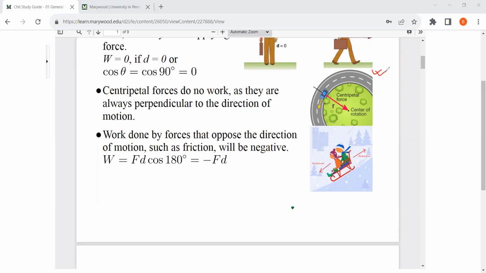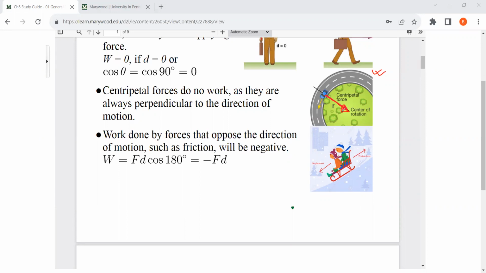We have centripetal force when an object is moving in a circular path. In this picture the car is moving in a circular path, so there is a centripetal force toward the center, along the radius.